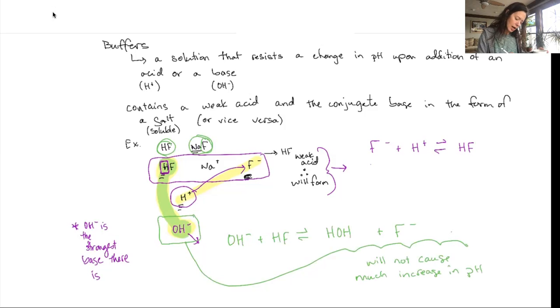And when we added the hydrogen, the conjugate base of the weak acid absorbed it. It did not go into the solution, so there's no H plus, right, to decrease pH. And you just have to understand that.